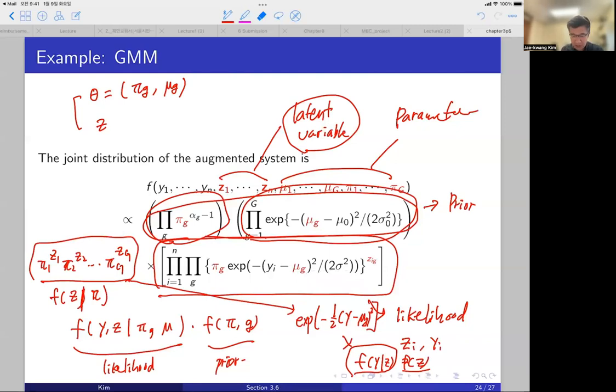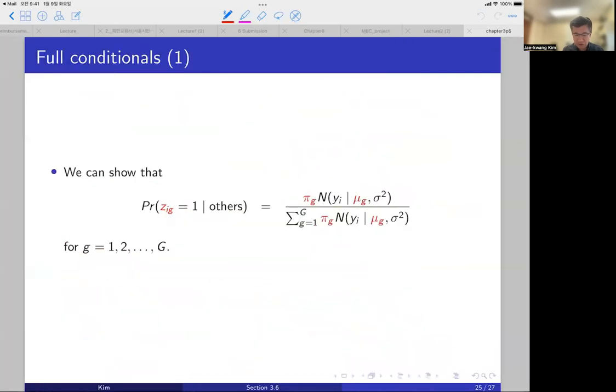So this is the joint distribution, and now we want to derive the full conditionals. Remember we want to generate the three: z, pi g, and mu g. So we actually have z, pi g, and mu g given y, but that is not easy.